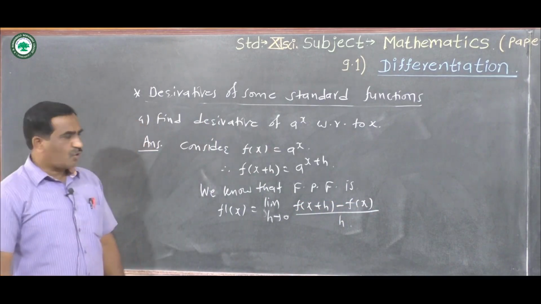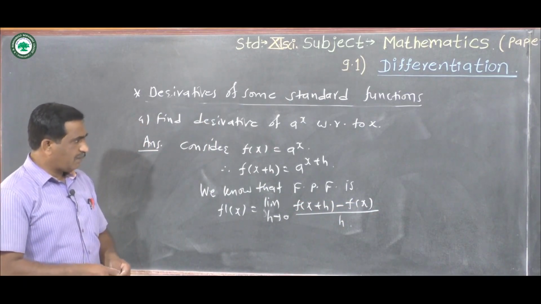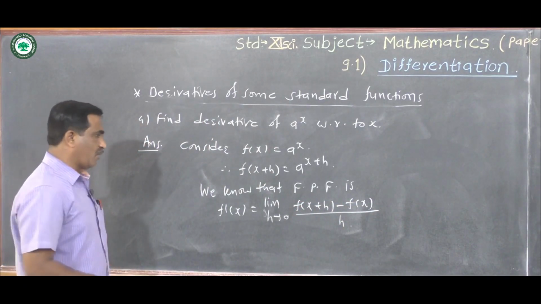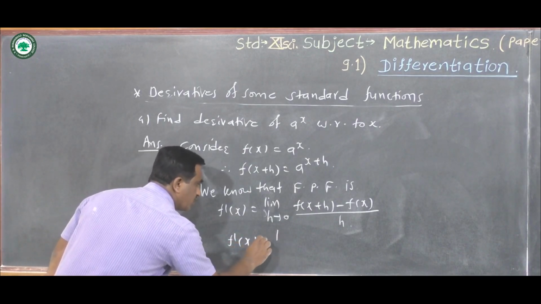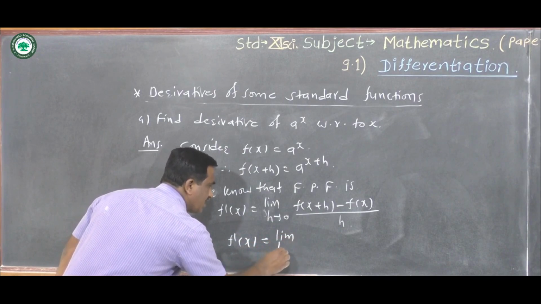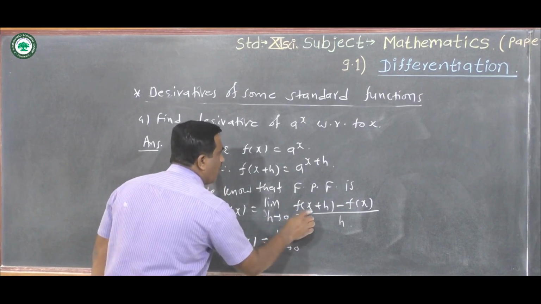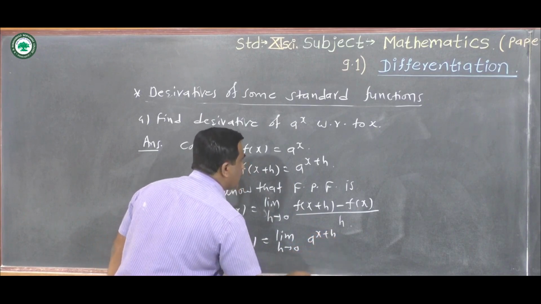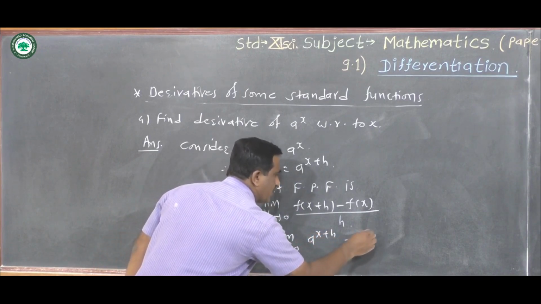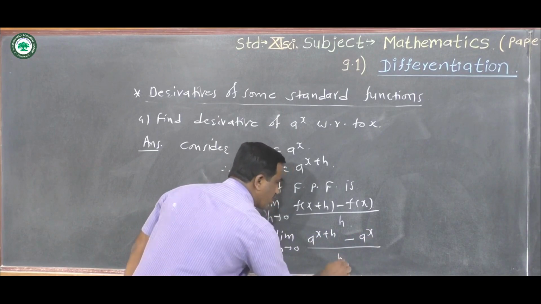Now put values of f of x plus h and f of x. Therefore we can write f dash of x is equal to limit h tends to 0 of a raised to x plus h minus a raised to x upon h.